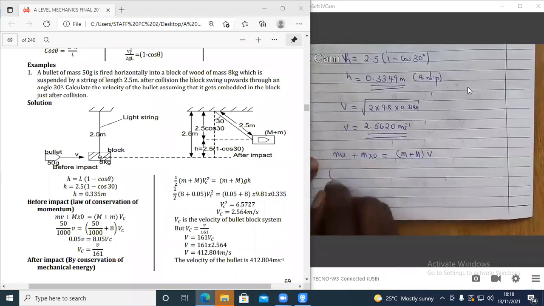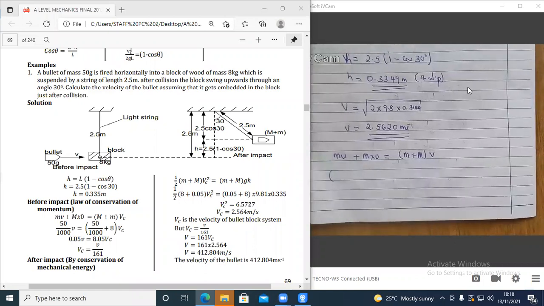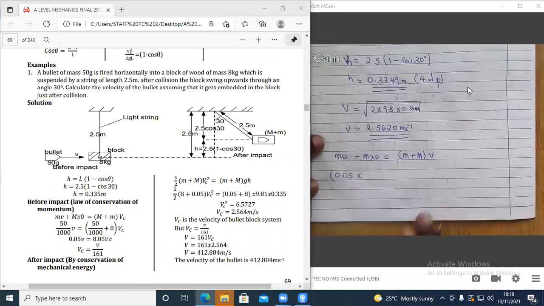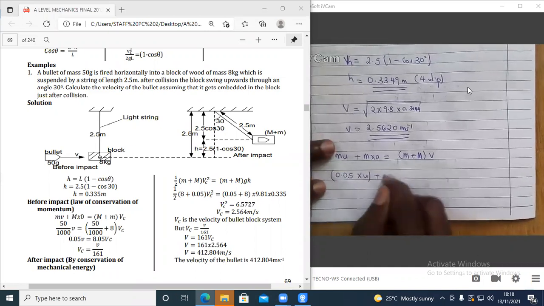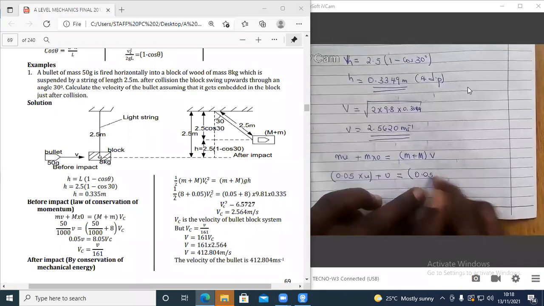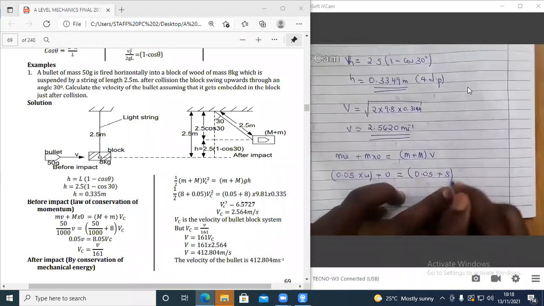So we shall have, first change the 50 grams to kilograms, which is going to be 0.05 times the velocity that we are looking for, u, plus 0, equals 0.05 plus 8 times the common velocity.